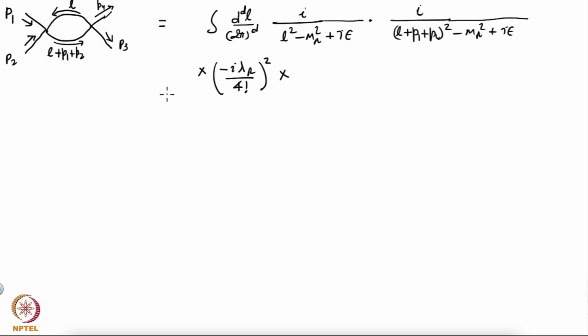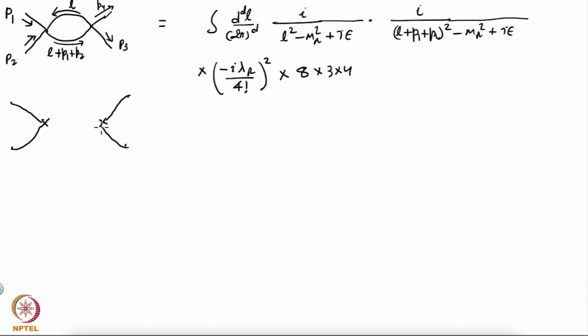Then the combinatoric factor. Okay, so let's check what that will be. So you have these two vertices, and I have these 4 external points. P1 can connect to any of this and this, right? So that's 8 possibilities. Then this guy should connect only on this vertex. It cannot go to that vertex because that will be a different kind of diagram. So there are 3. And this one can go to any of the 4.